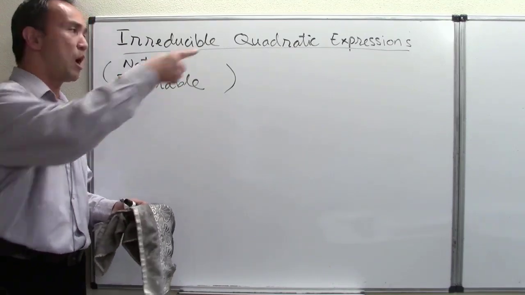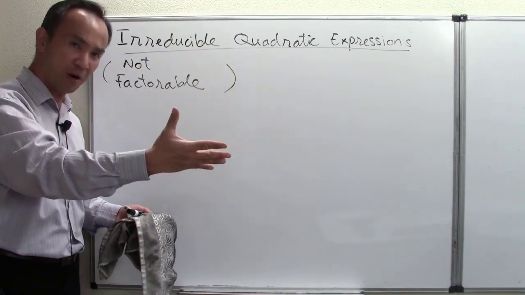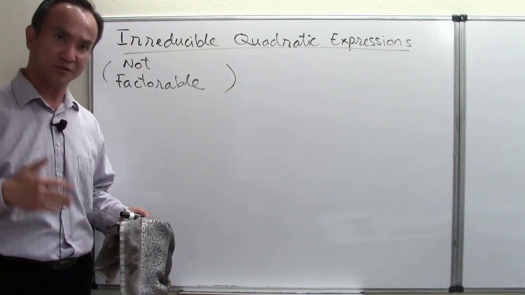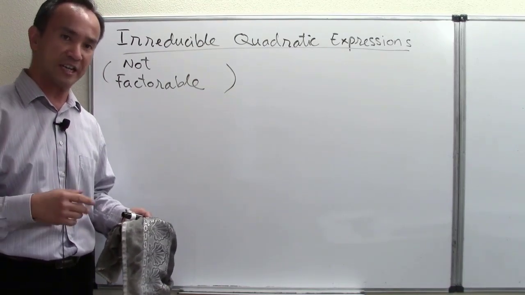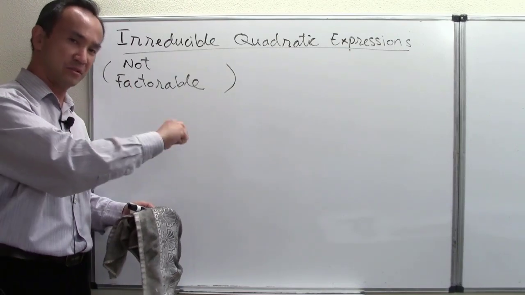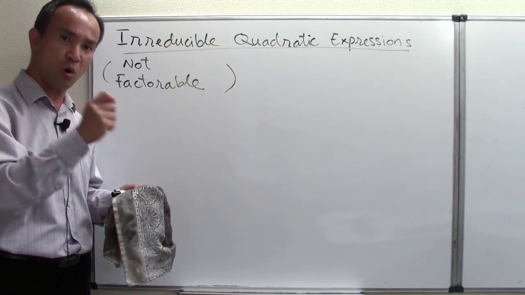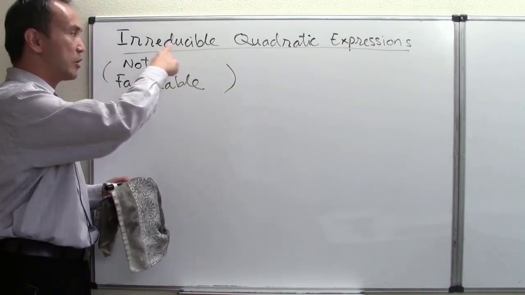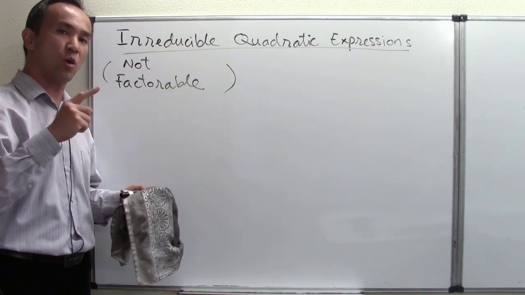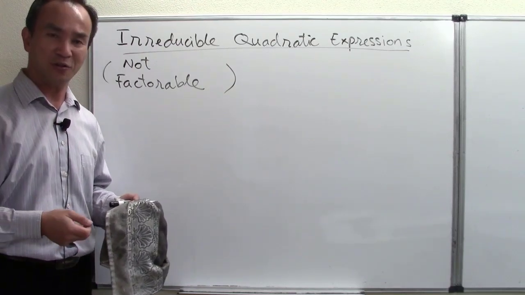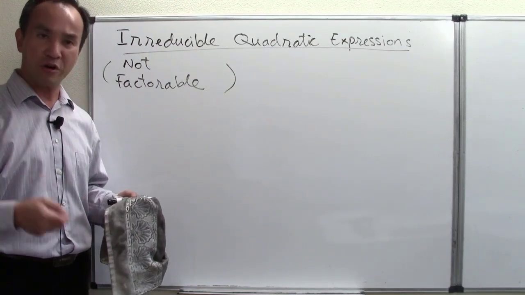Factorable means a quadratic expression can be put into factor form. Those are what we have done in the earlier part of the lesson. But there are quadratic expressions out there that are irreducible, in other words impossible to put into a factor product based on the real numbers.